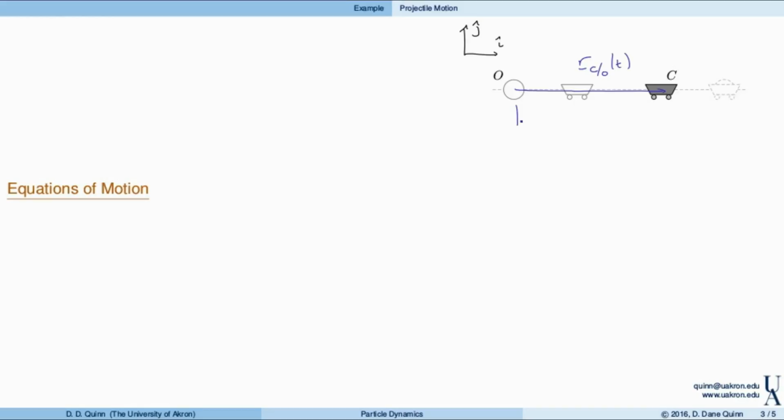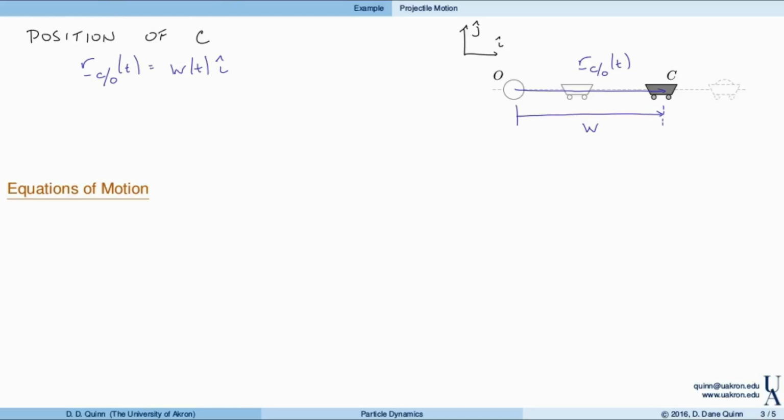And we will measure the displacement of the cart in the I direction as w. As a result, the position of the point C can be written as r of c with respect to O is equal to w, that measured coordinate, in the I direction.